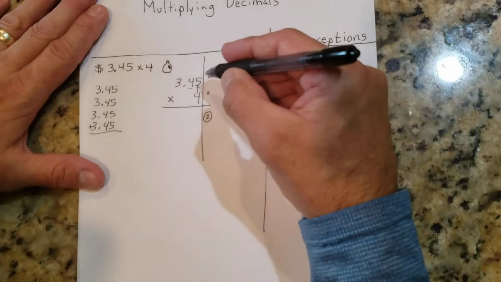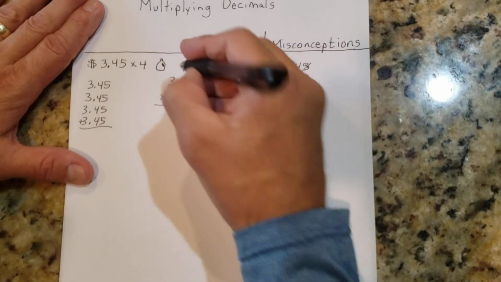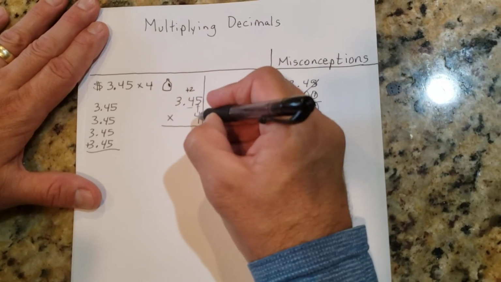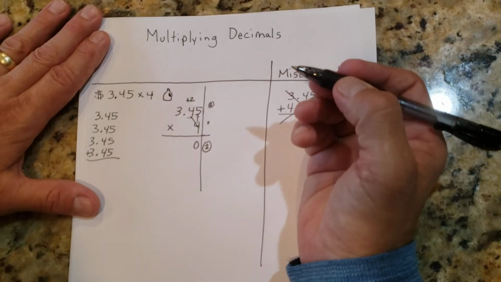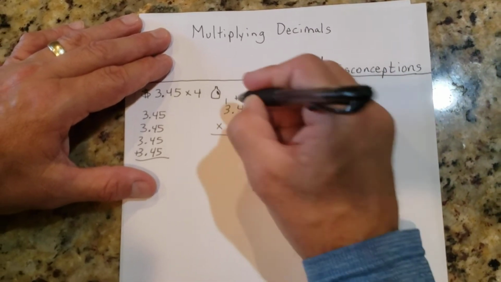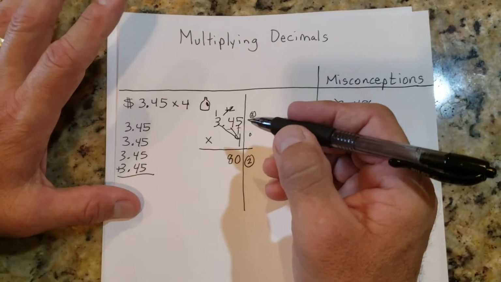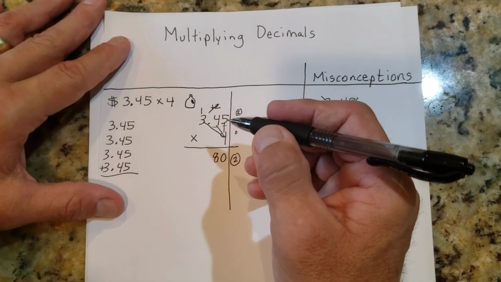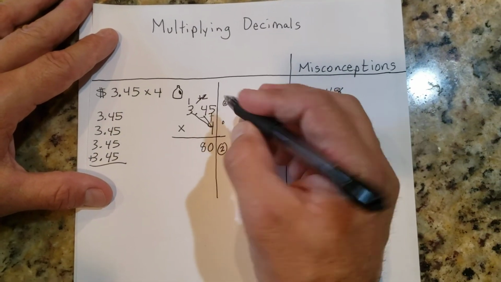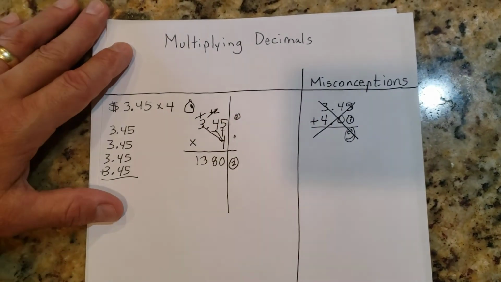5 times 4 is 20. Drop the 0, carry the 2. 4 times 4 is 16, 17, 18. 8, carry the 1. Cross that out. 4 times 3, 1, 2, 3, 4, 5, 6, 7, 8, 9, 10, 11, 12, 13. 1, 3, 8, 0.